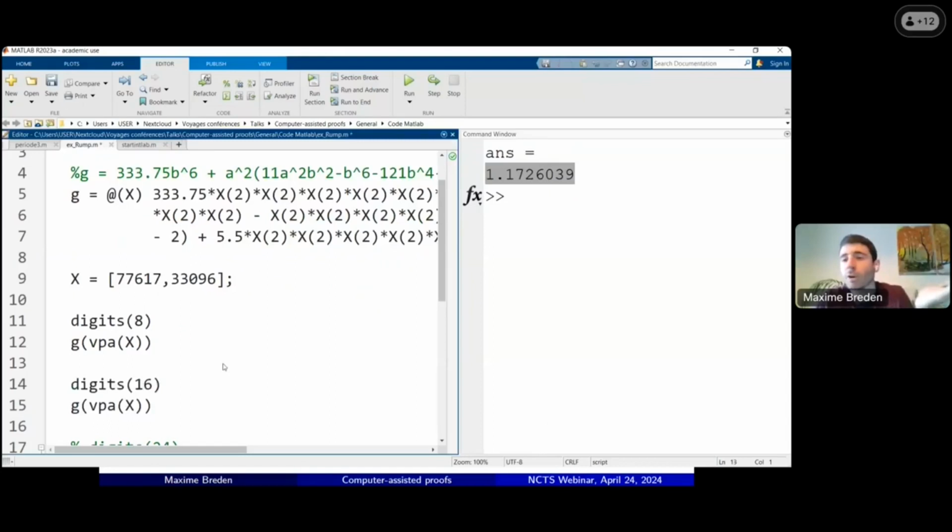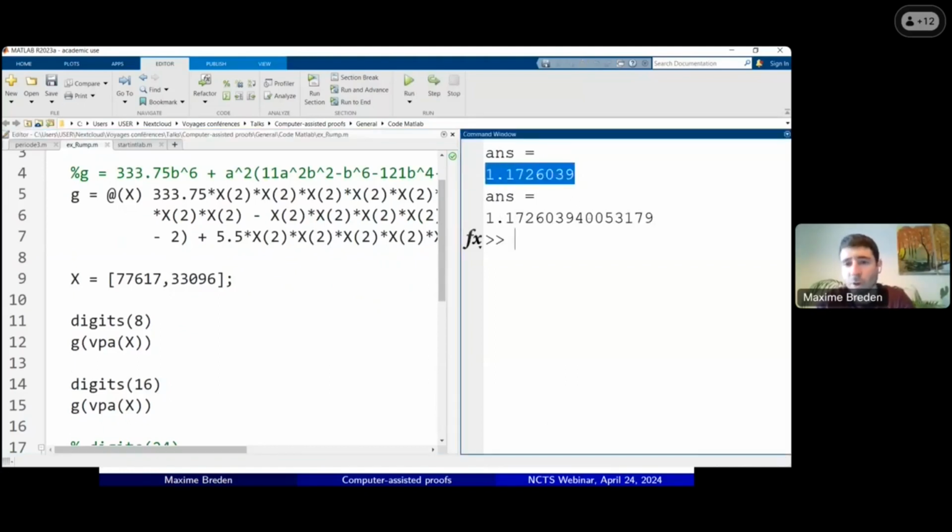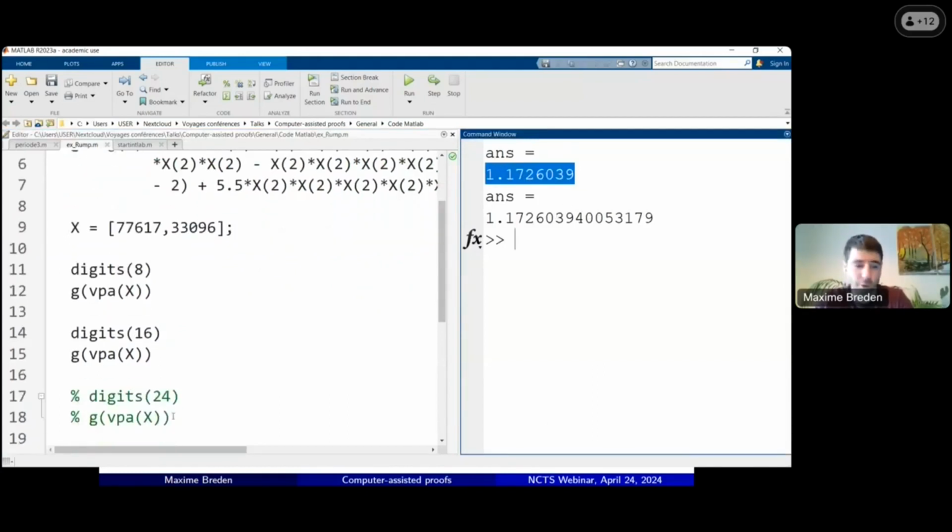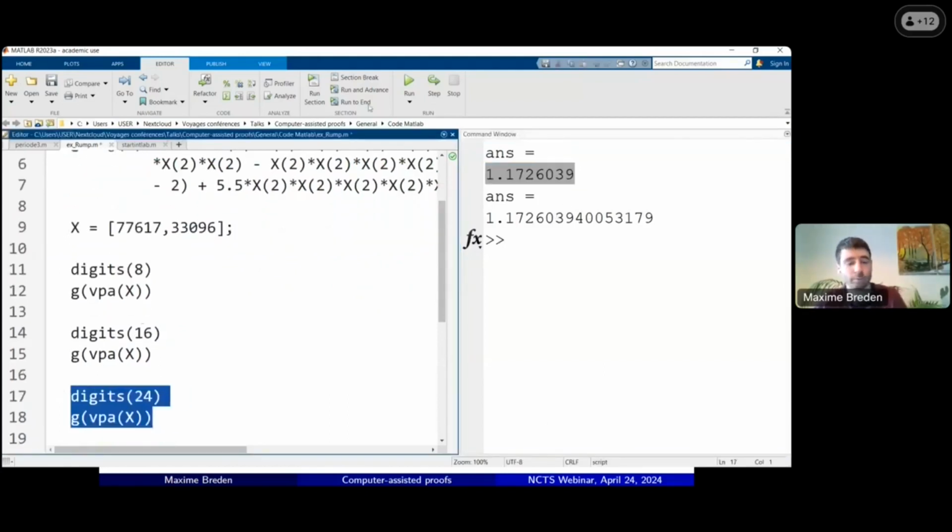This is also, in some sense, what we sometimes do in numerics: you find a solution, you refine the grid, and you do the simulation again. And if the output doesn't change, your confidence grows. Indeed, it looks very reasonable. Apparently, it was even rounded correctly the first time. But we want to be really, really sure, so let's increase the precision even more.